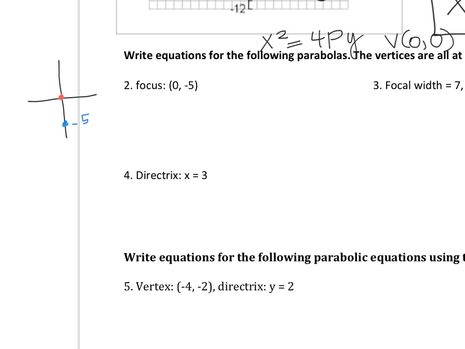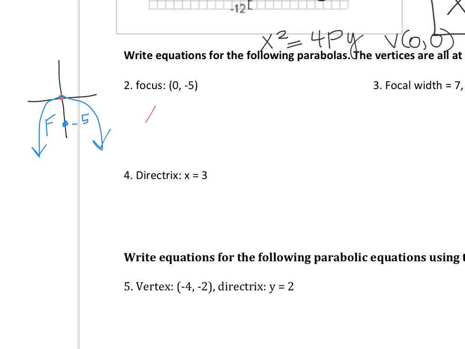I know that the focus should be inside the parabola, so this is most likely a parabola that opens downward, because the focus has to be inside the parabola. If the parabola opens upward, then the focus will be below the parabola, which is not what I want. I want the focus to be inside the parabola, so that is a wrong parabola. This is the correct one.